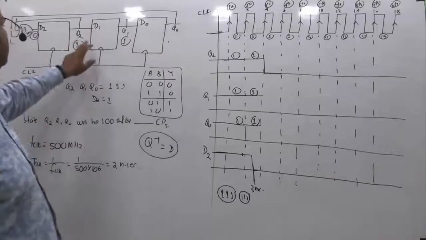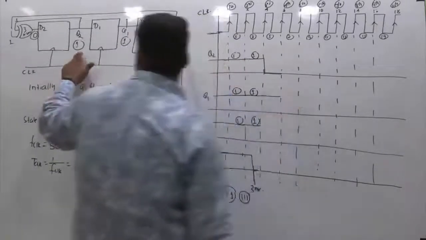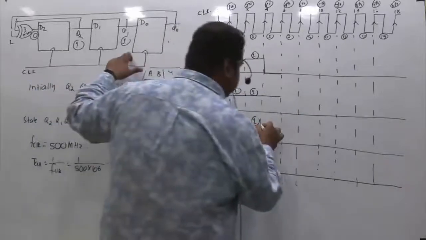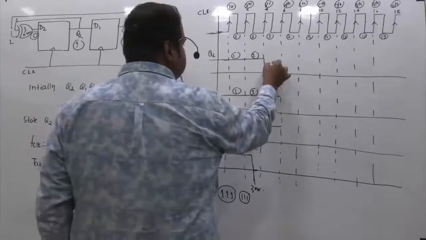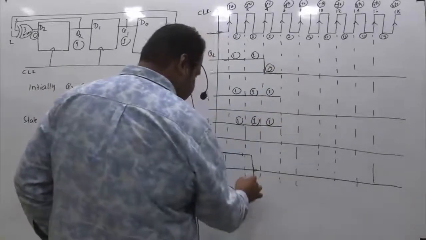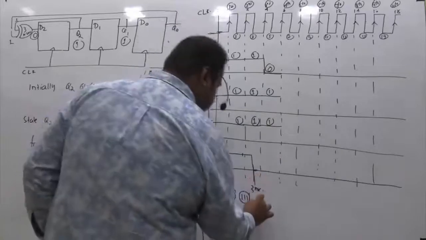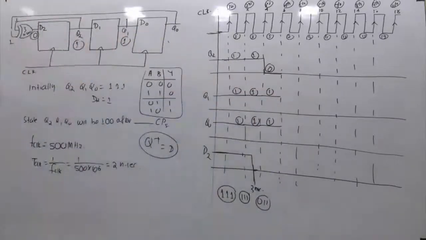When the third clock pulse is coming, the input is 1, so it will continue with 1, and to this also the input is 1, so it will continue with 1. So after the third clock, the states are 0, 1, 1. The state we are getting is 0, 1, 1.